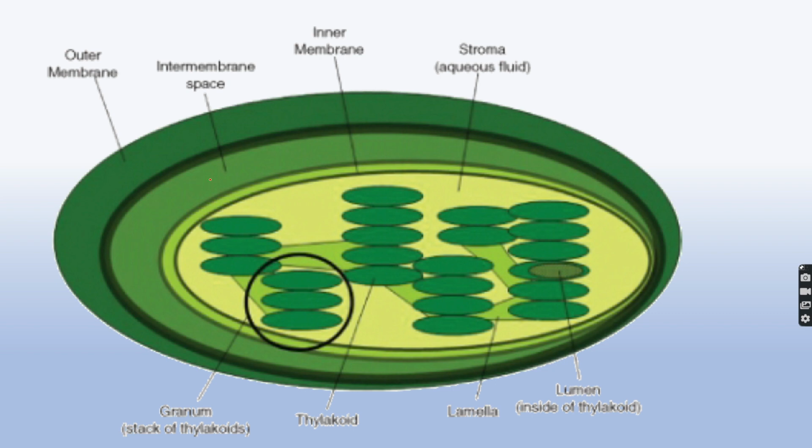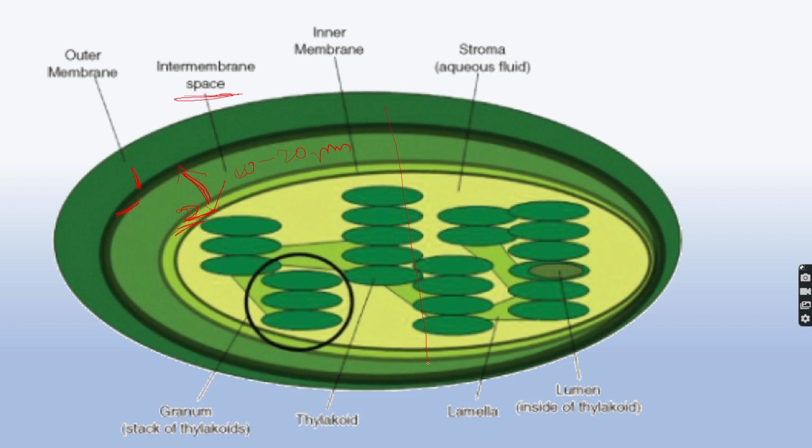Okay, so as we studied, this chloroplast has a bilayer membrane. One is your outer membrane, another is your inner membrane, and in between these two membranes is the intermembrane space, and this is basically 10 to 20 nanometer.